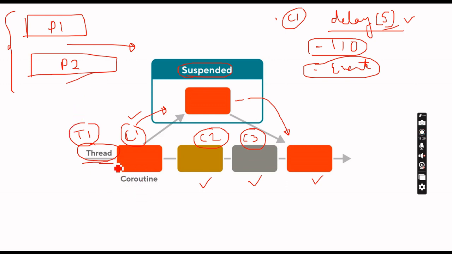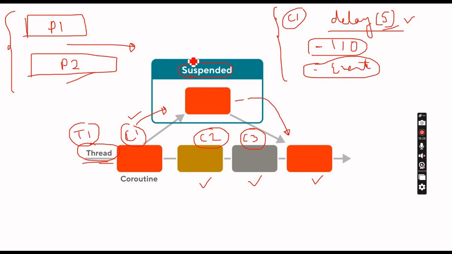So this is the basic concept of a coroutine, which is executed on a particular thread. It can get suspended when it enters a waiting state where it doesn't need any thread or any resource for its execution.